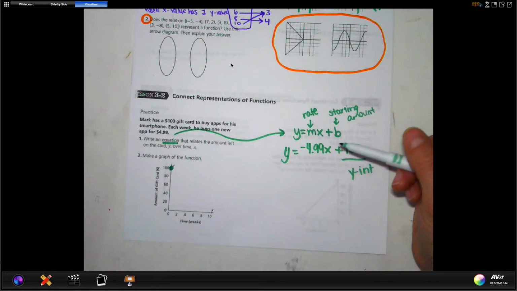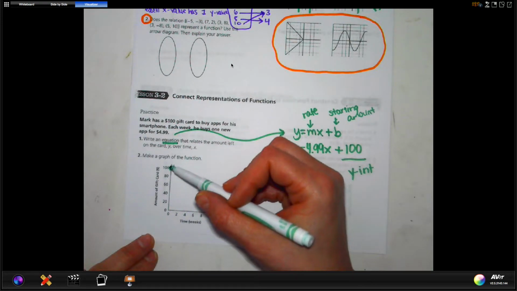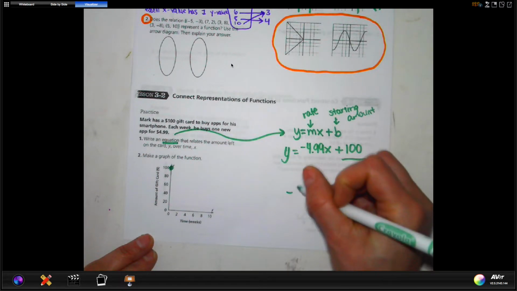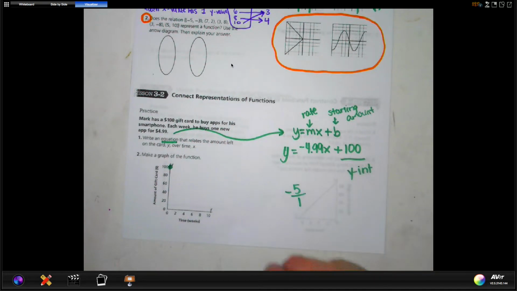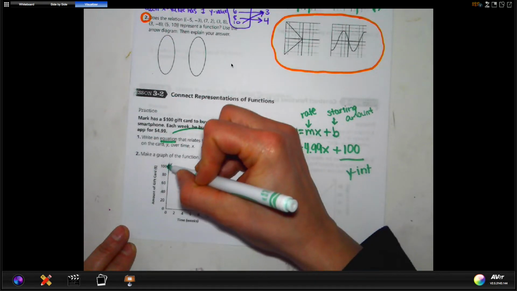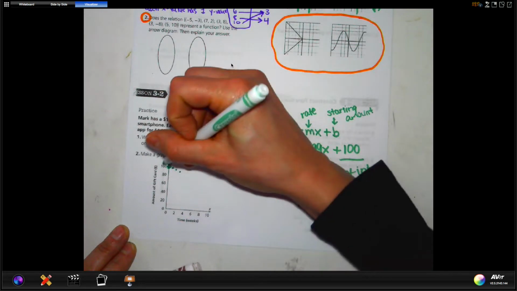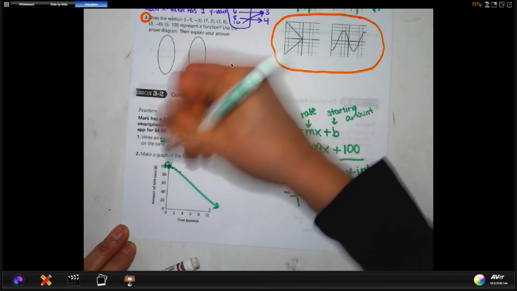Now we have to estimate here, okay? So estimate means we go down 4.99 and right 1. Can we round that, do you think, to negative 5 over 1? Would it help us? Okay, so if I'm estimating going down 5 and over 1 each time, it's going to look like this, right? And then you want to draw your line going through that.